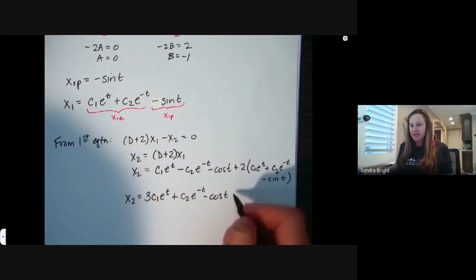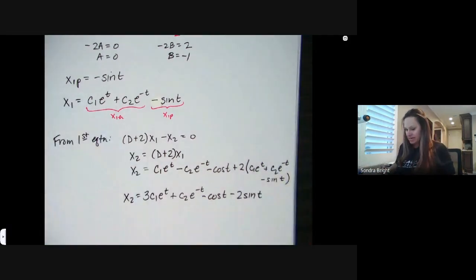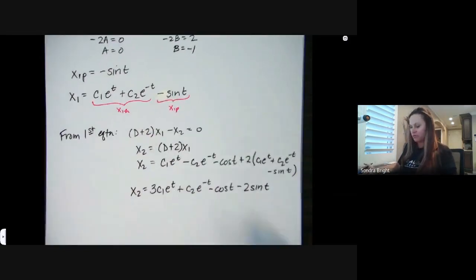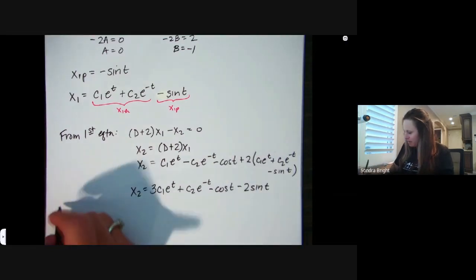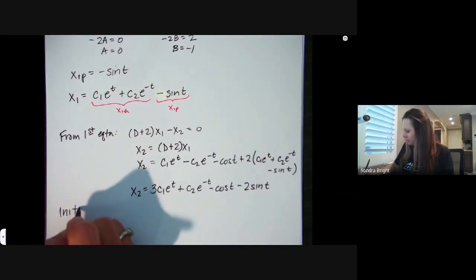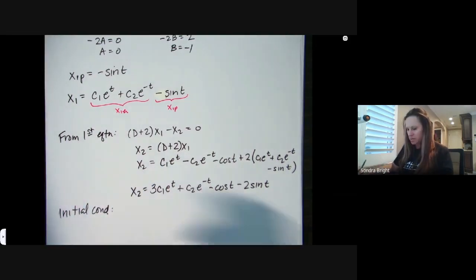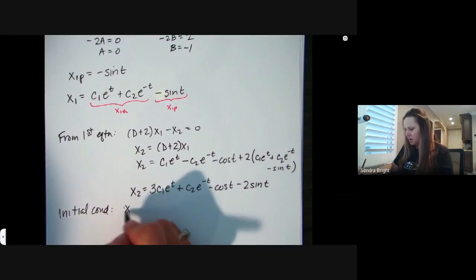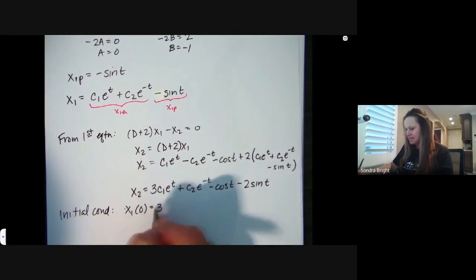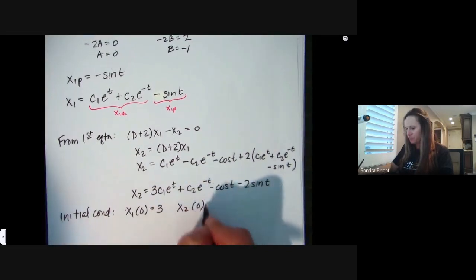Okay, so now we've got x1 and we've got x2, but we were given some initial conditions so we can actually solve for the c1s and c2s. The initial conditions given to you in the notes were that x1 at 0 is 3 and x2 at 0 is 4.